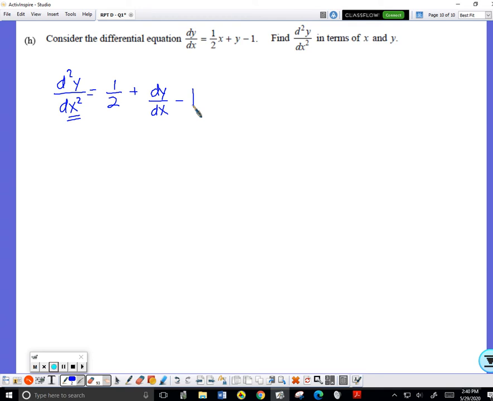Therefore, rearranging, oh, see, they want it in terms of x and y, so I can't leave this.